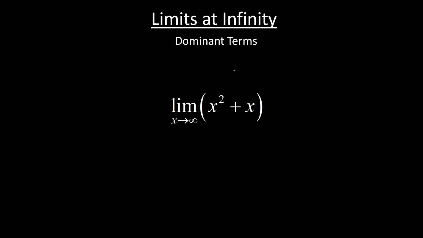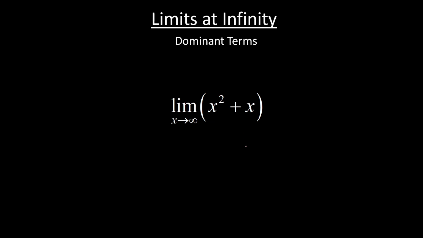So if we look at this limit here, now again, these are limits to infinity, so notice we're going to infinity now. That means x is going to get forever and ever larger. So we have an x squared and an x to the first power. The dominant term here is x squared because it's the larger exponent.